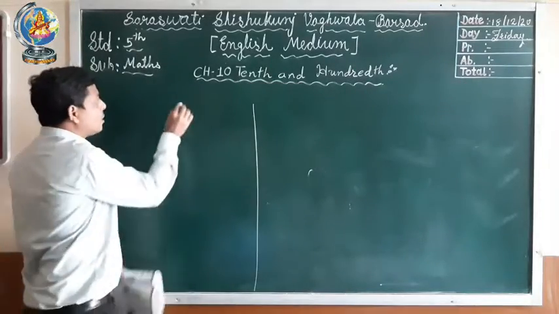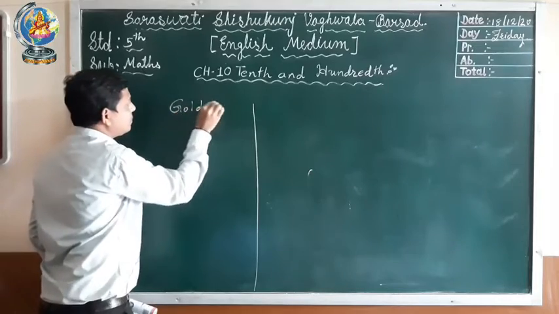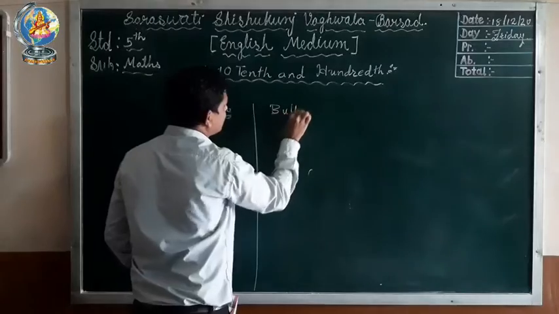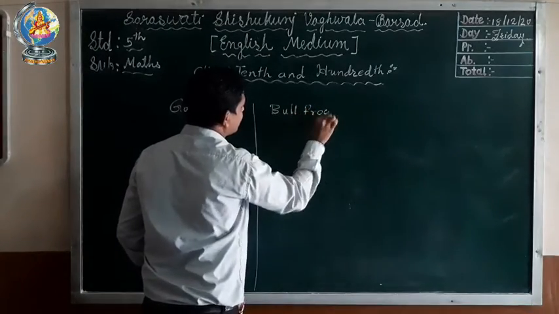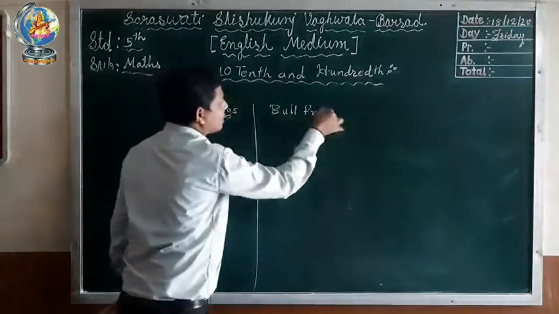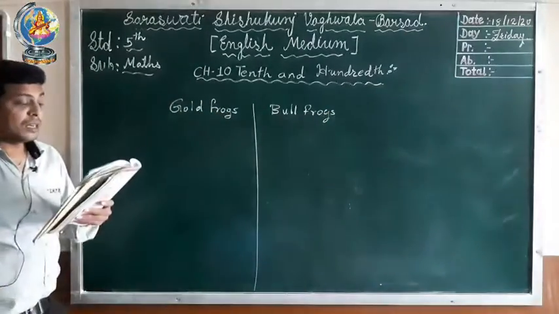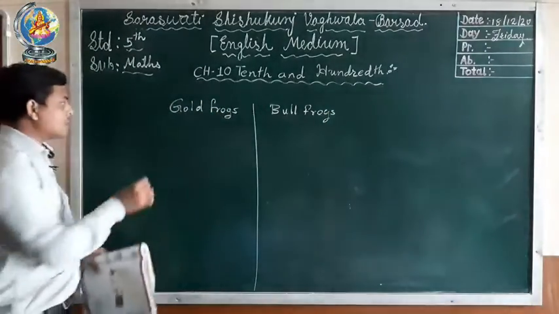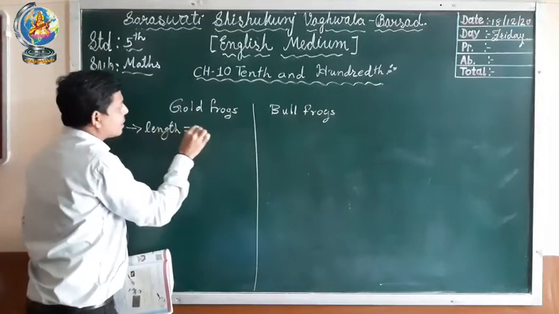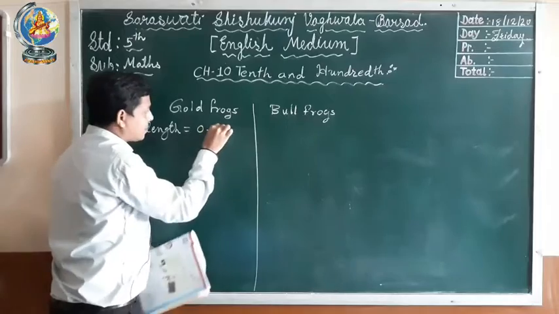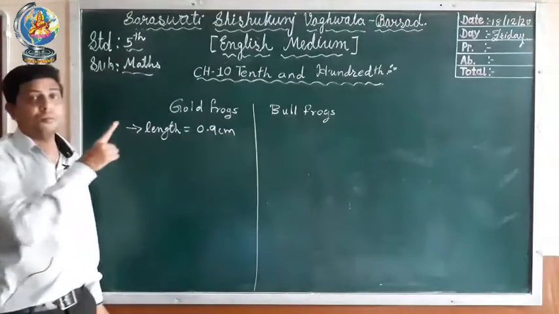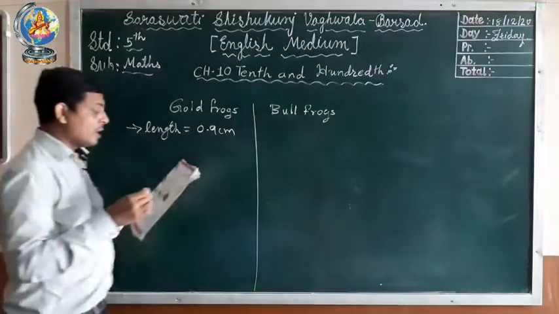Comparison between bullfrog and bullfrog. So the length of the first frog is 0.9 centimeter.